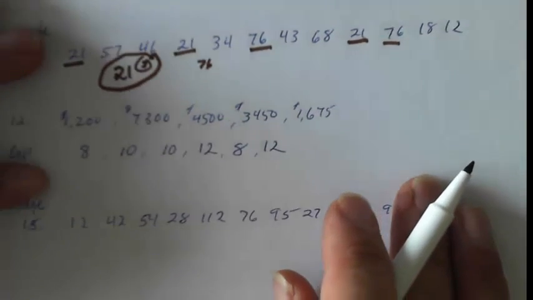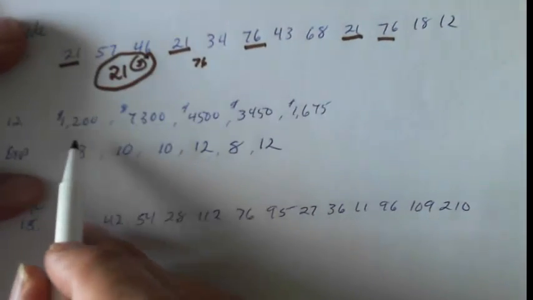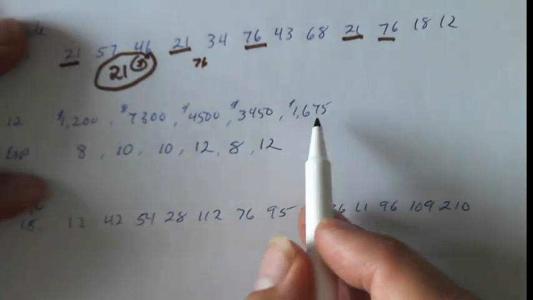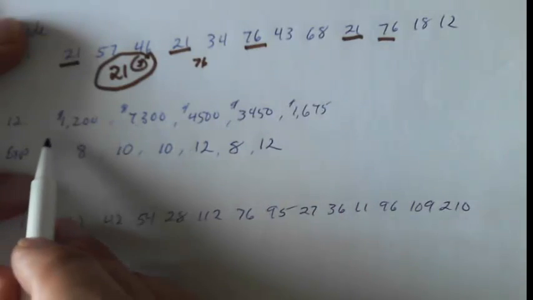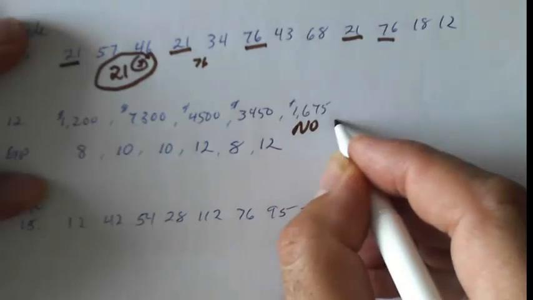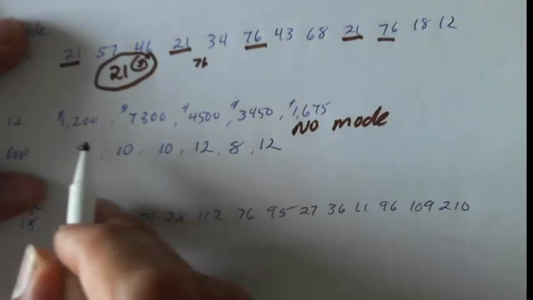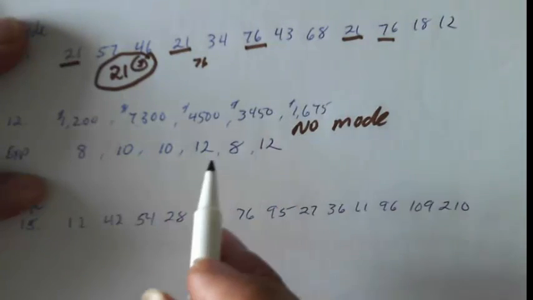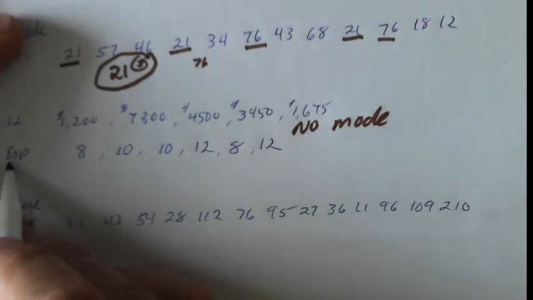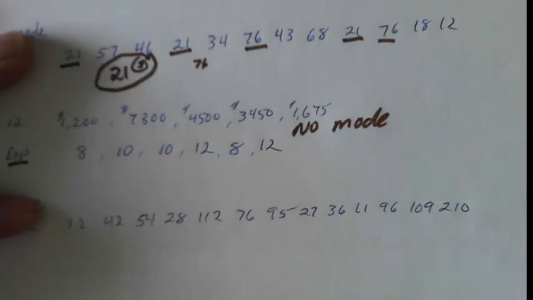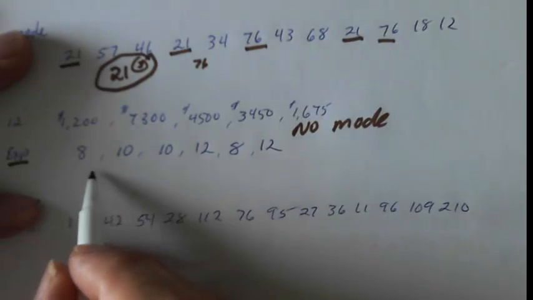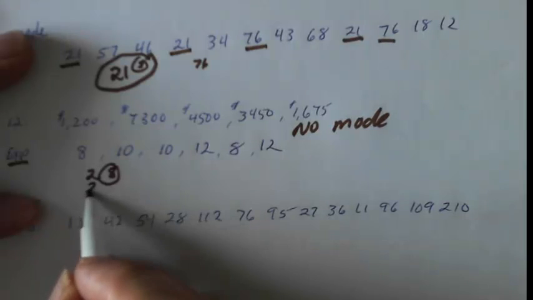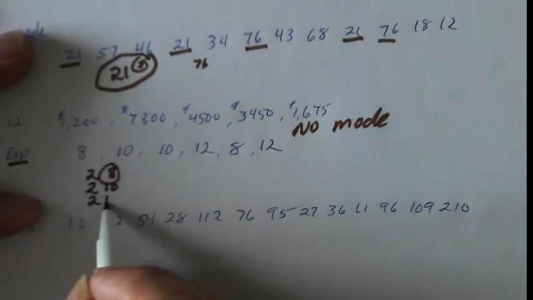Okay. So let's look at 12. I have this set of numbers. None of them repeat. So I would have no mode, because no number occurs more than once, and no number occurs more than any of the others. I threw in an extra example here just to make that point clear. I have two 8s, I have two 10s, and I have two 12s.